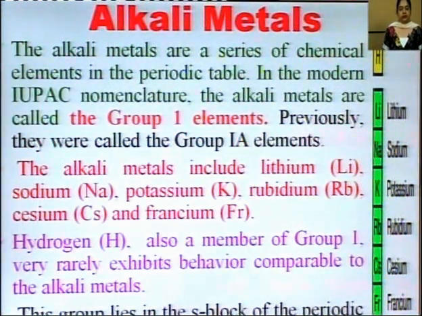Alkali metals. Alkali metals are a series of chemical elements in the periodic table. Alkali metals are called group 1 elements. The alkali metals include lithium, sodium, potassium, rubidium, cesium and francium.